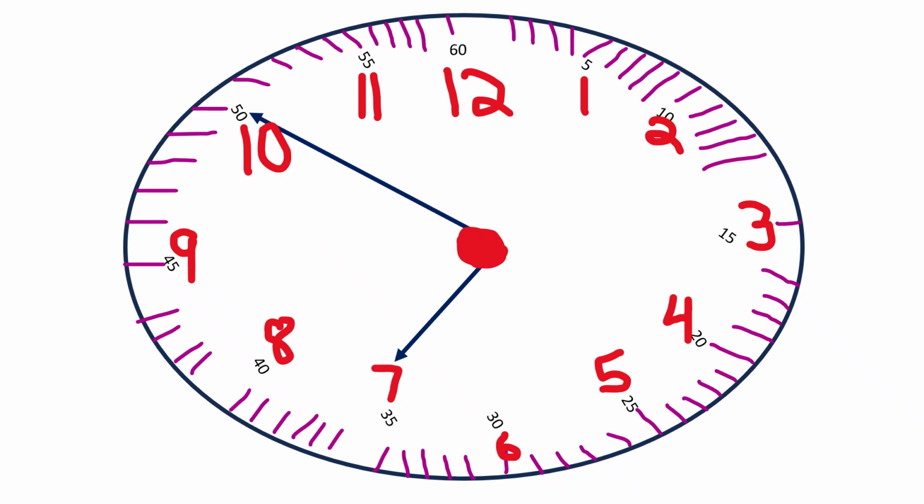So this is really not completely at the 7. Okay, and in normal circumstances, it should be more like here. But since it's not, and you didn't have a hand here, even if you didn't, you know that it's not right on the 7. But it's way after the 6. So this has to be what time? 6:50.